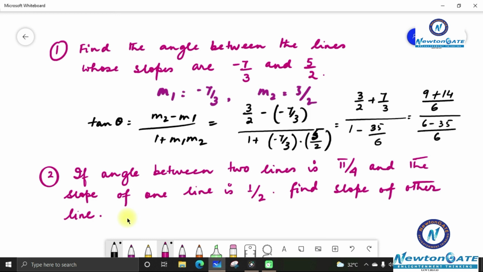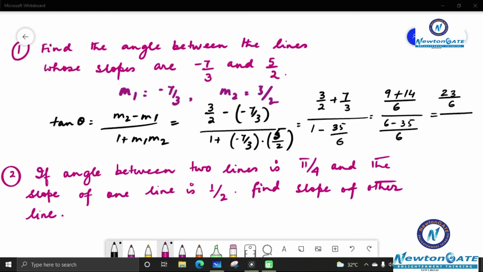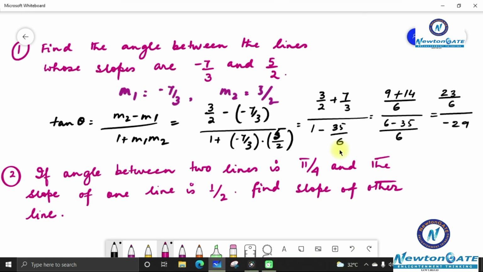It's very clear at this point that we are going to get a negative sign, which means that the angle between these two lines is not an acute one but an obtuse one. So this is 29 by 6 over 6 minus 35, that is minus 29 by 6. On cancelling it out, we get minus 29 by 29. So this is the angle between the two lines whose slopes are given here as minus 7 by 3 and 5 by 2.